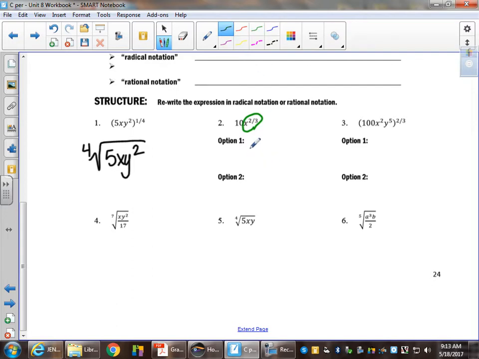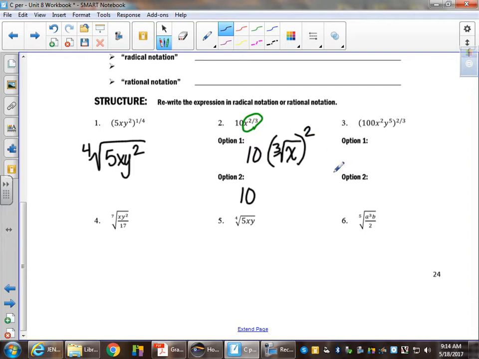So for option 1 and option 2, 10 will be on the outside. What root are we taking? Third root of what? X squared. So for option 1, the power is outside.